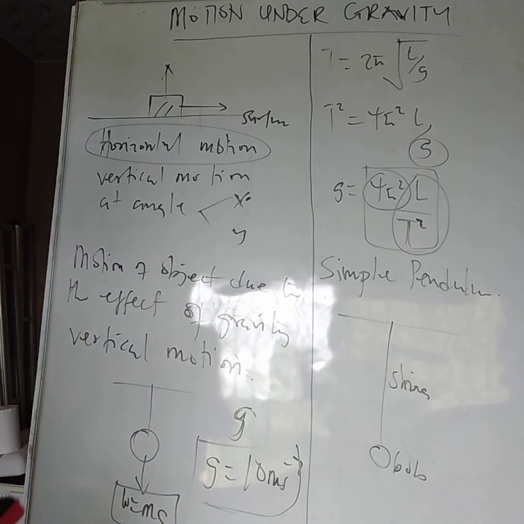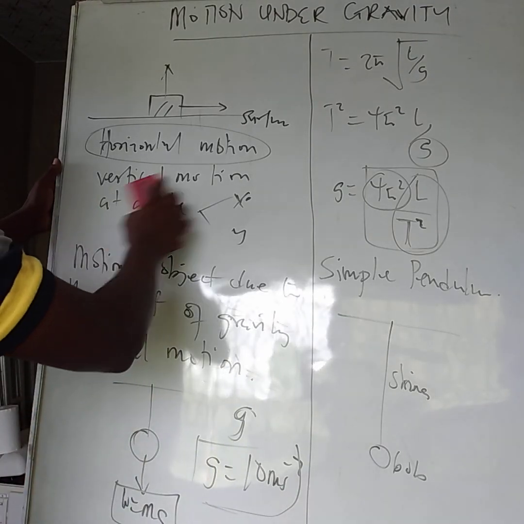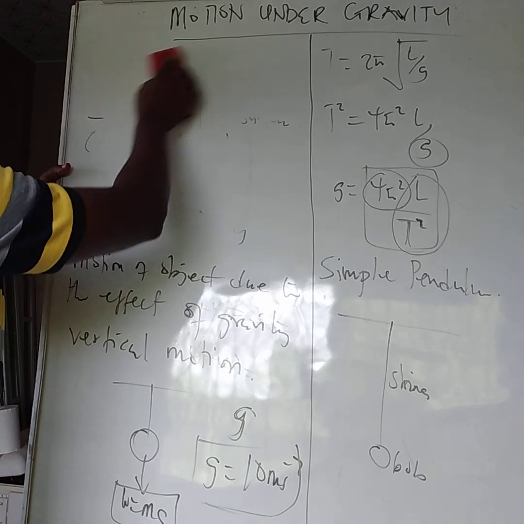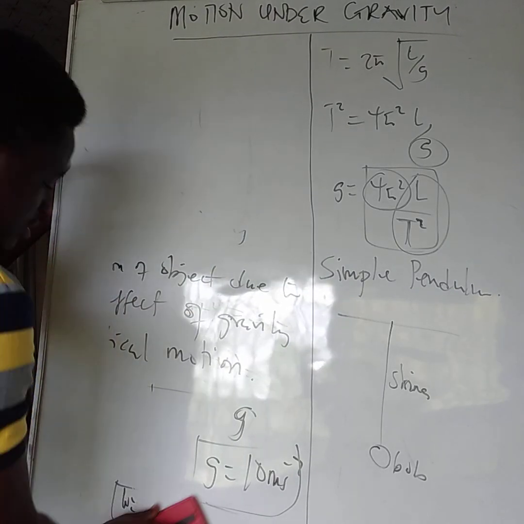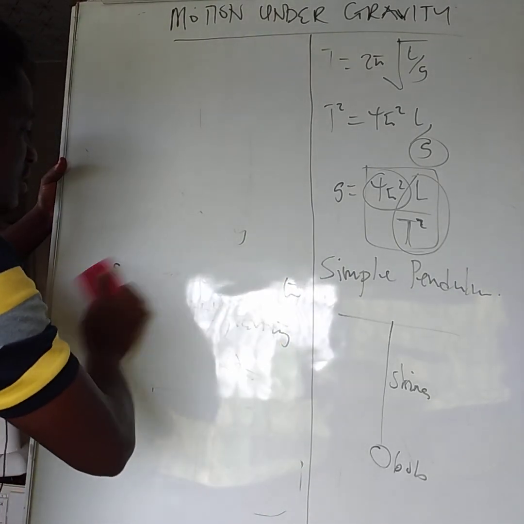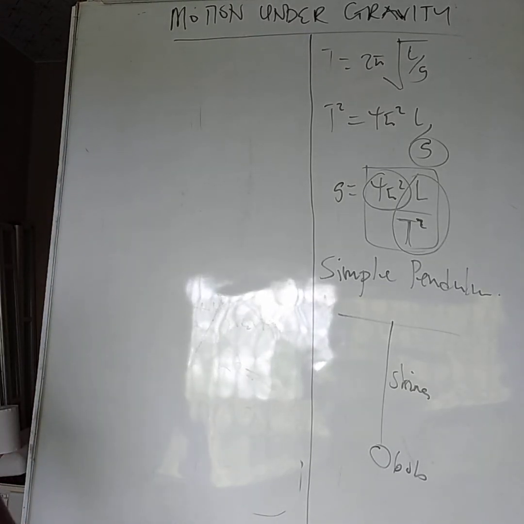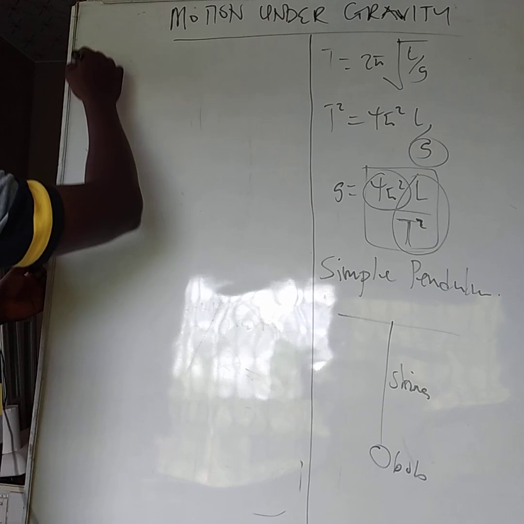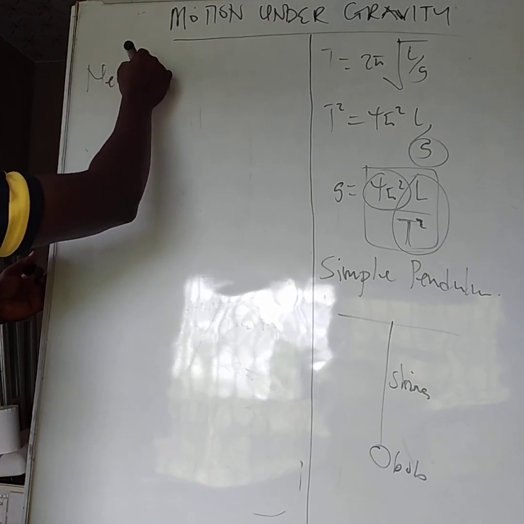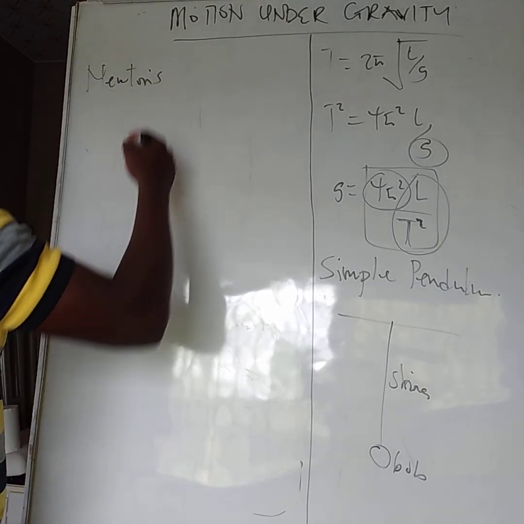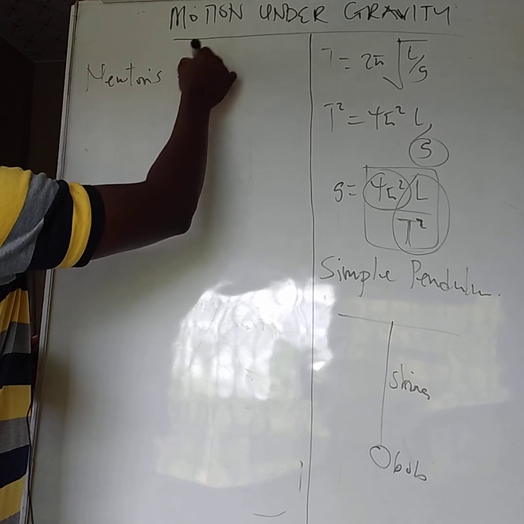Good. Now, for motion under gravity, we are going to be writing Newton's equations for motion under gravity. From our previous knowledge, we know that Isaac Newton has 3 equations of motion.